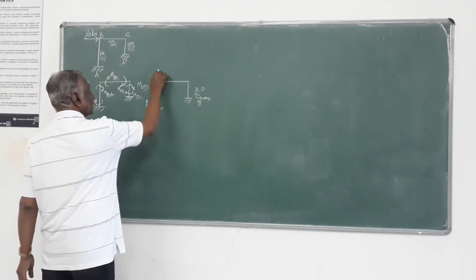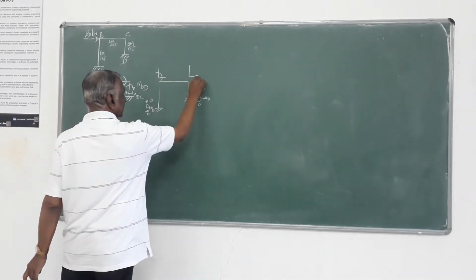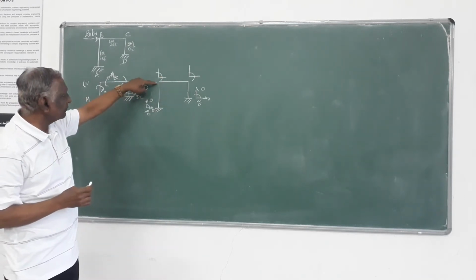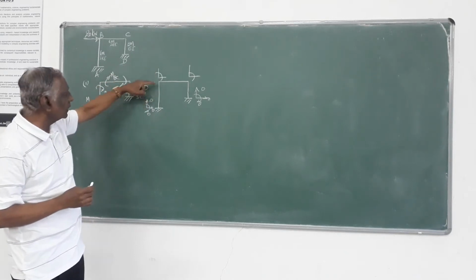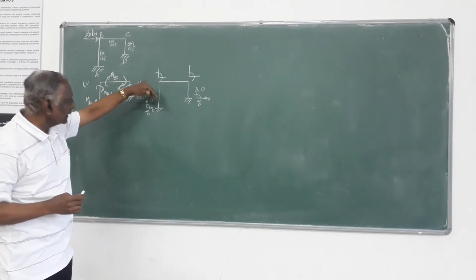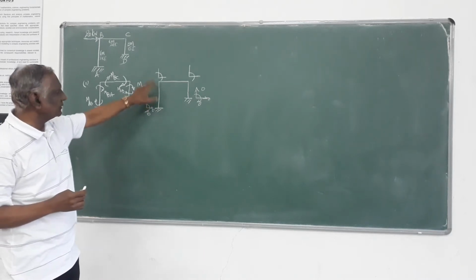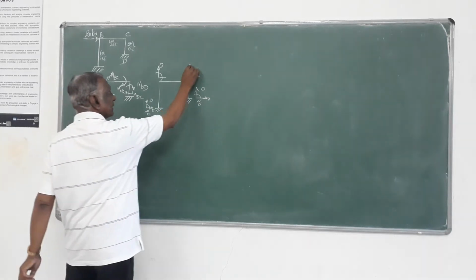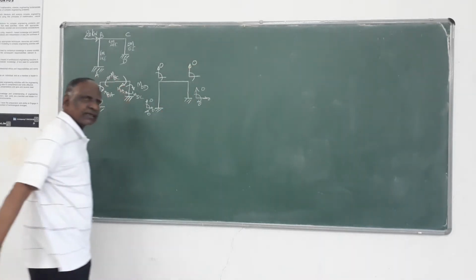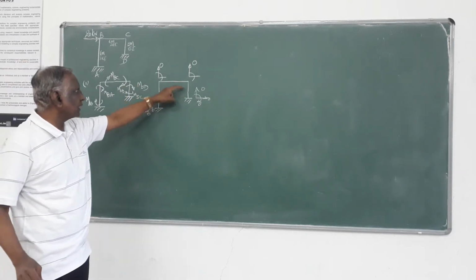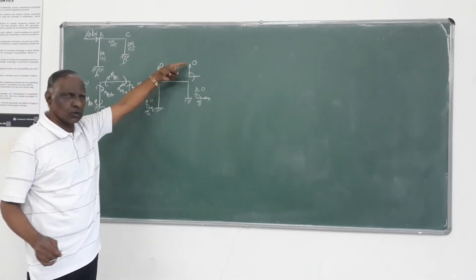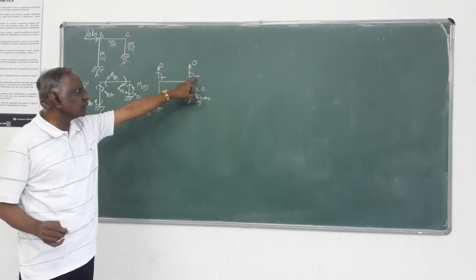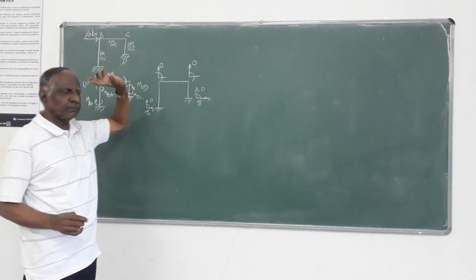When you come to joints B and C, the vertical displacement is not possible, because if B moves up or down, member BA also should move up or down, which is not possible. So this vertical motion is not there. Same thing at joint C also. The vertical motion is not possible on the same argument, because if C undergoes vertical displacement, member CD also should undergo the same type of displacement, which is not possible. So this also should be 0.